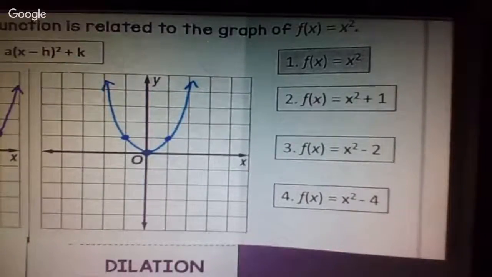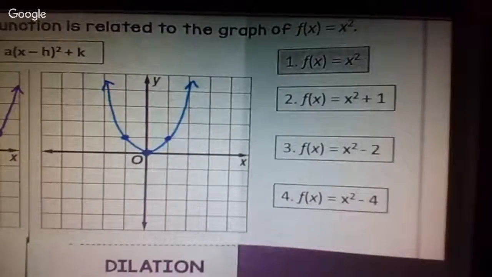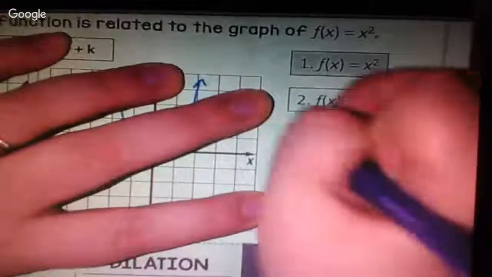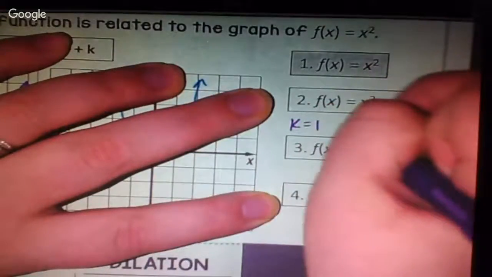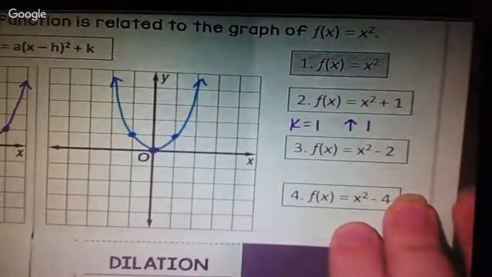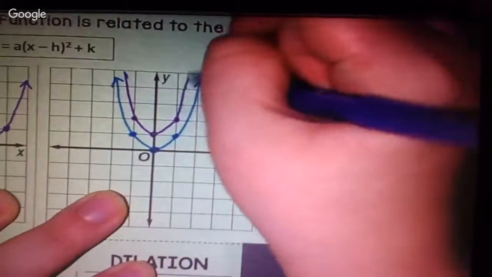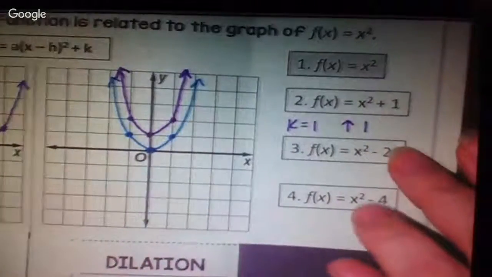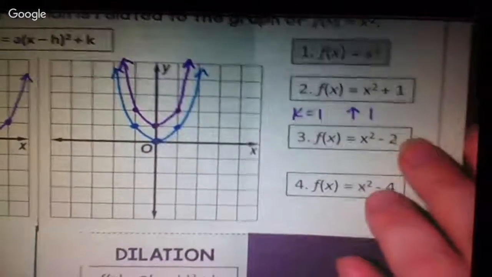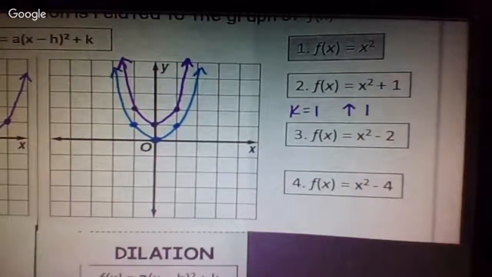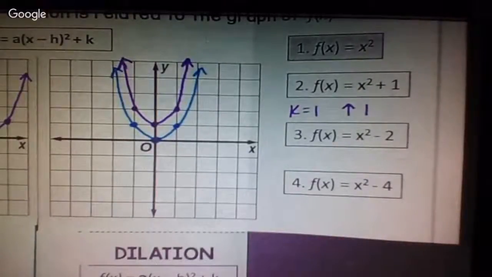So we're moving, Allison said, up 1. My k value is 1. So that means I move up by 1. So each point moves up by 1. So plus 1 moves it up by 1.